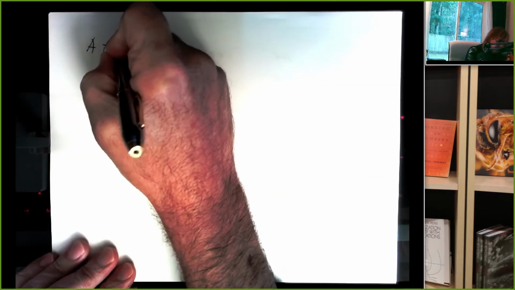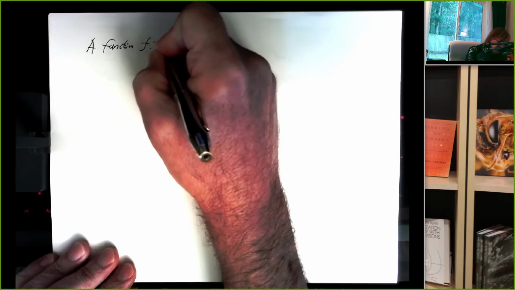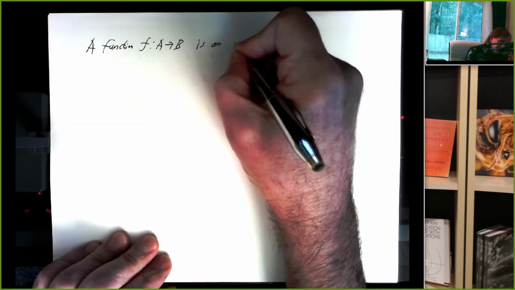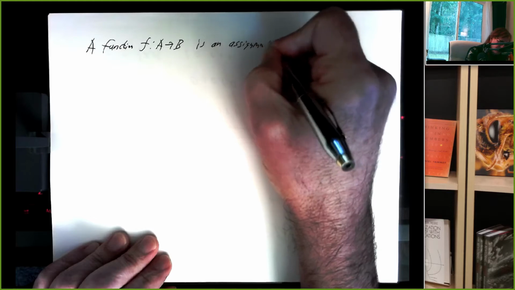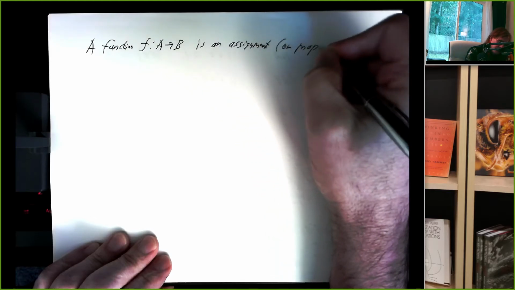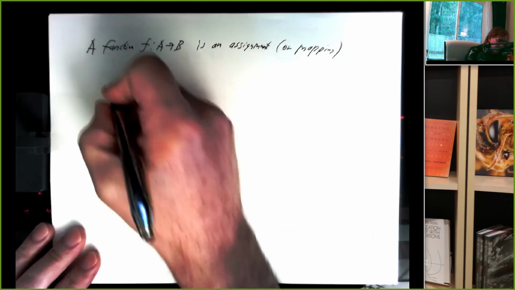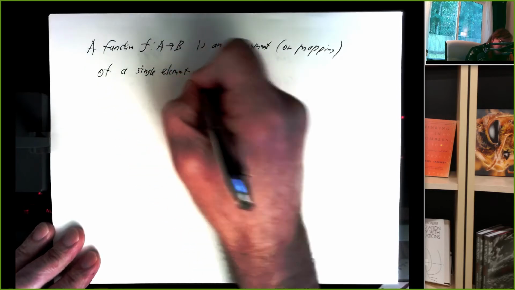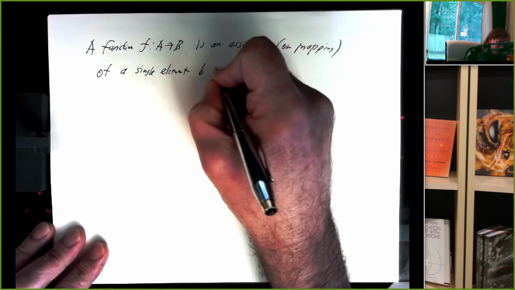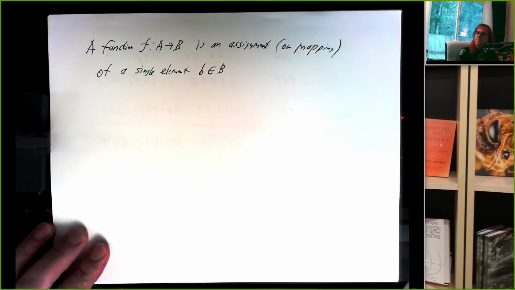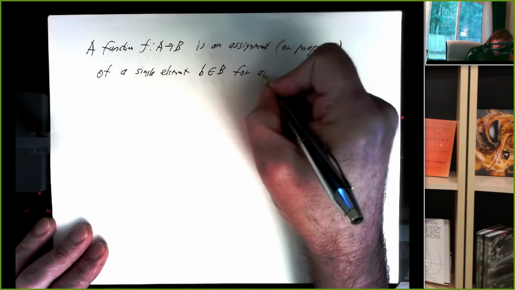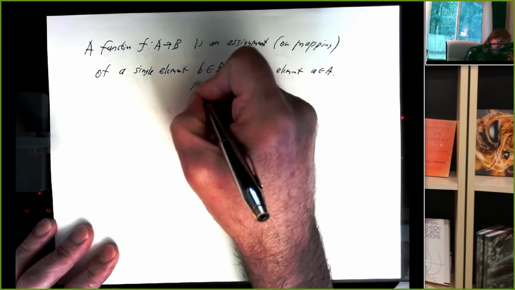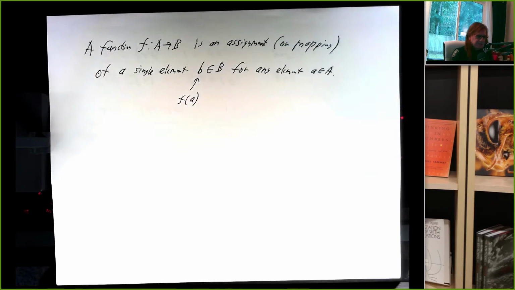So a function f colon A arrow B is an assignment or a mapping of a single element little b, which comes from the set B, for any element little a in A. And we call this element little b, we call that f of little a.